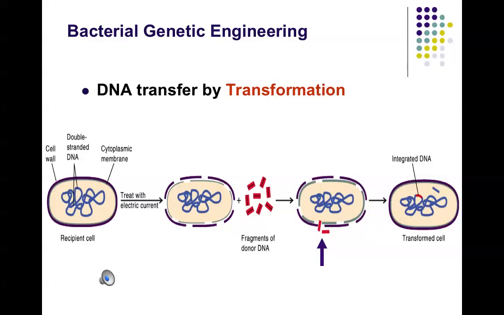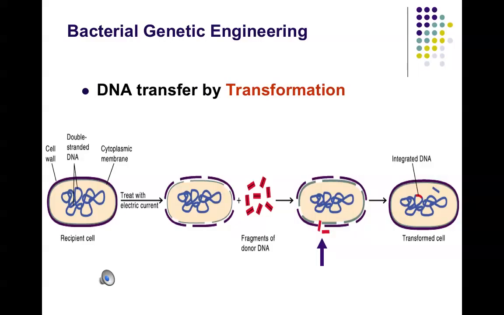But if we want to perform this technique in any bacterium, we can either treat it with chemicals or even use electric current, as illustrated on this slide. By exposing the bacterial cells to a little electric current, we can weaken the peptidoglycan layer or cause openings to form in it, allowing fragments of DNA to pass through not only the peptidoglycan layer but also the cytoplasmic membrane.